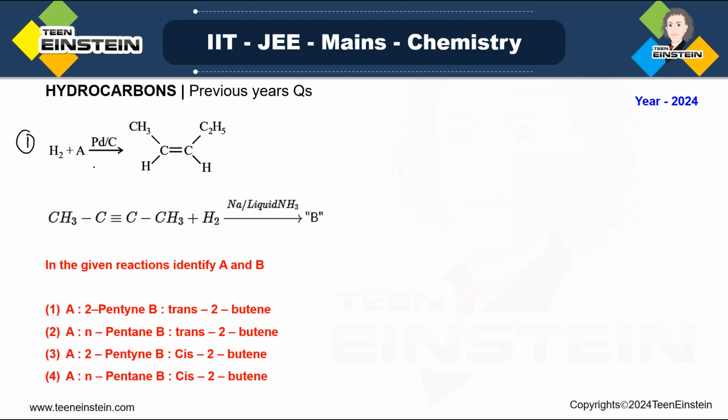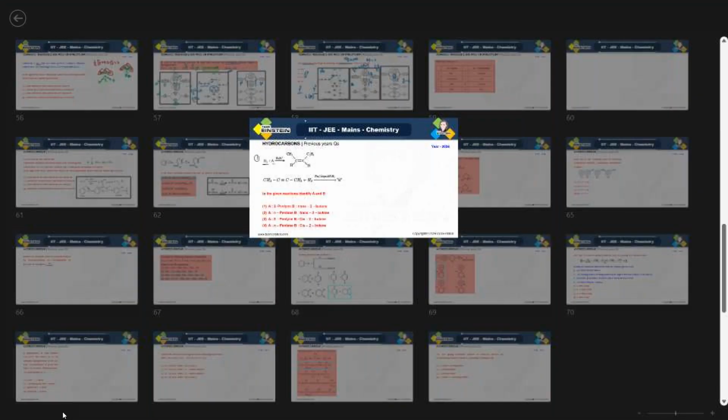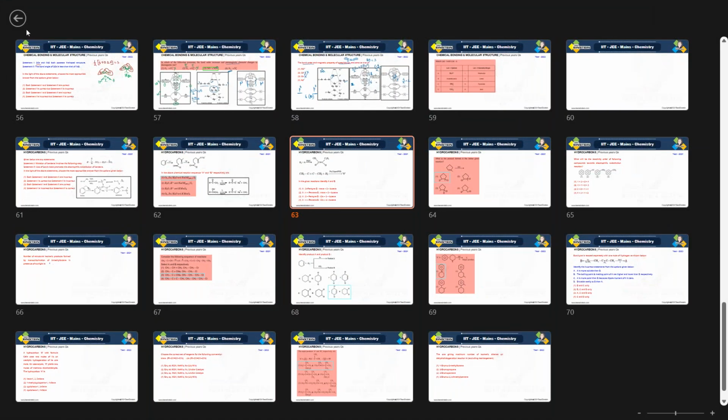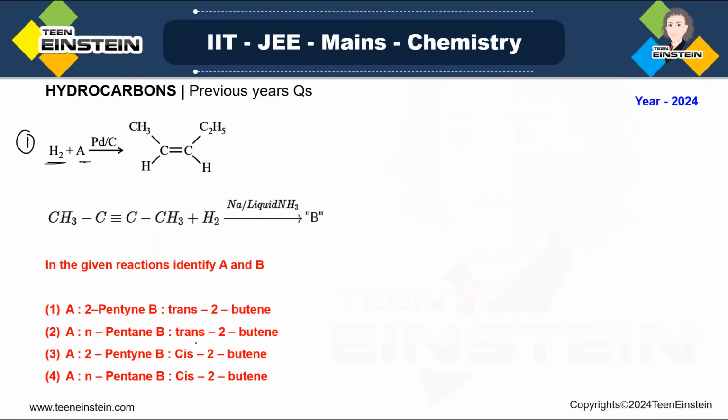Look at this. The first reaction is hydrogen plus A. Now, what is A? We do not know. We have to find that. So hydrogen reacts with A in presence of Pd/C, that is palladium on charcoal. That means we are using a metal catalyst in presence of charcoal or carbon.